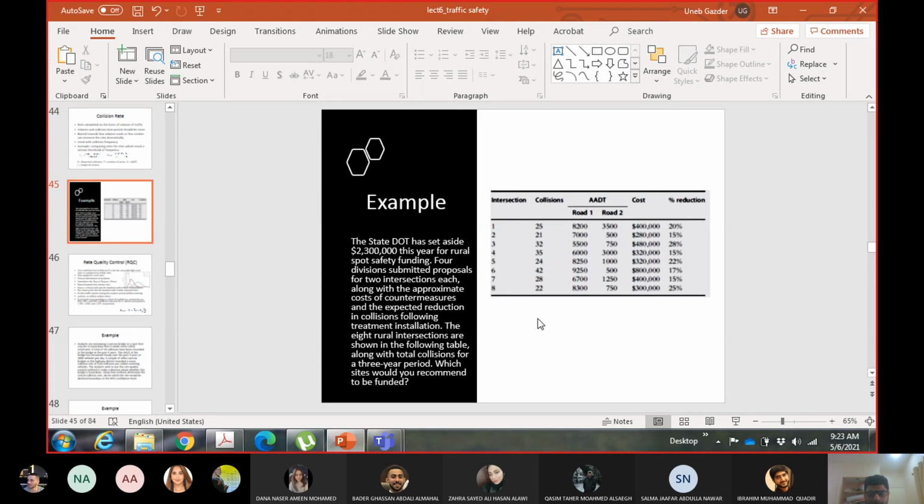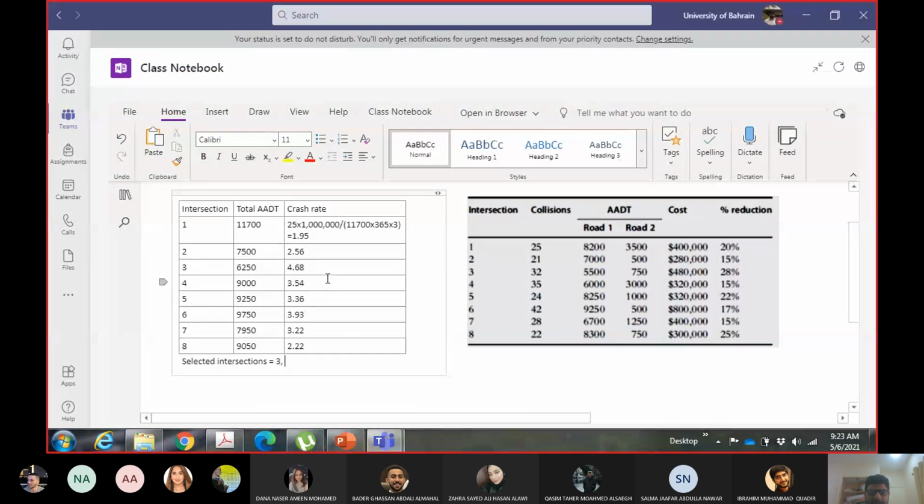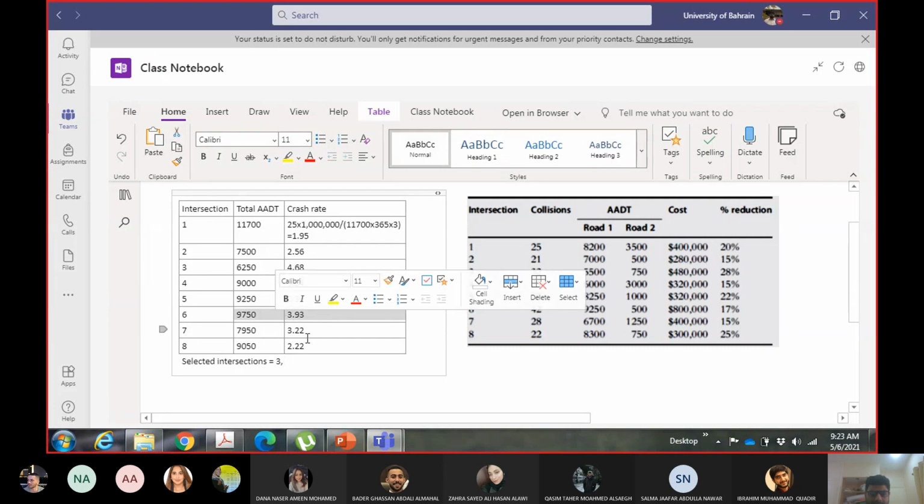Out of 2.3 million, you spend 480,000 on site 3, so you still have money left. You can select the next site with the next highest crash rate, which is site number 6.